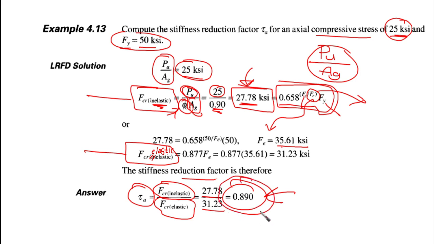It means that this is the stiffness reduction factor that is going to be used to reduce G elastic. We are going to multiply it by 0.89. This means that we are going to reduce by almost 11%. Our inelastic column is going to have a reduction in stiffness by 11%.